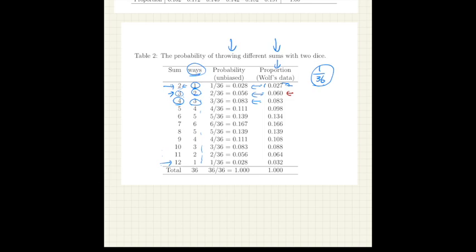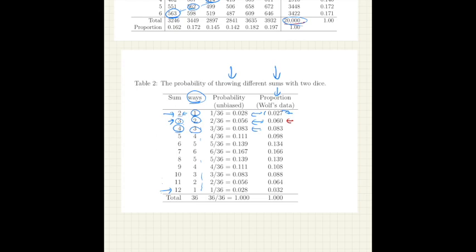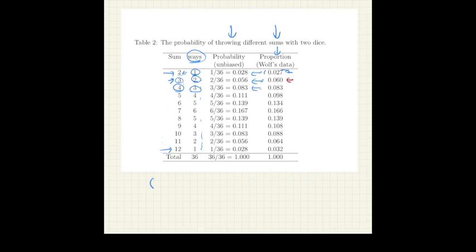How do you define the probability measure? The sample space would be the set of pairs of numbers (k, l) where k and l are integers from 1 to 6. So this will be the sample space.